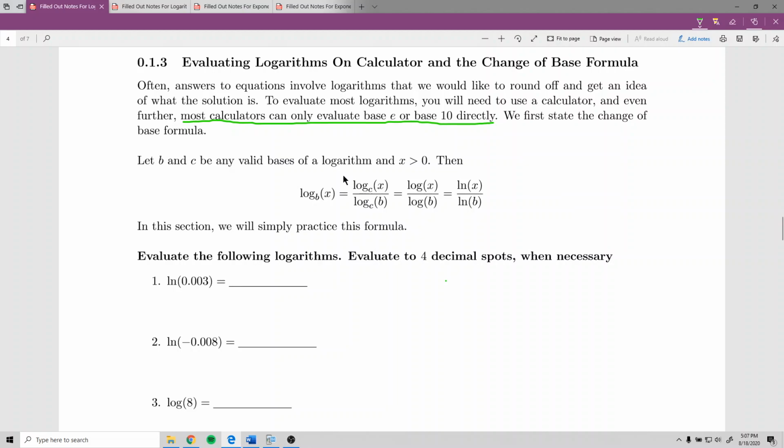So what the change of base formula says is this: log base b of x is equivalent to all three of these. The first one says log base c of x divided by log base c of b. What this is saying is you can change the base to anything as long as you make the original inside the top, and the previous base the inside on the bottom. The one I like to remember the most is the one at the end here, ln of x divided by ln of b.